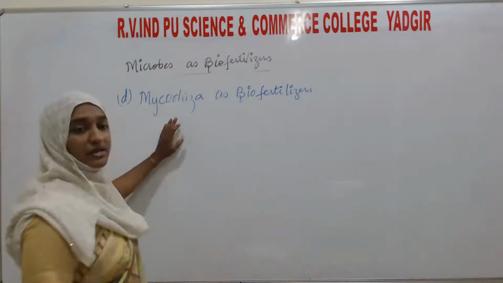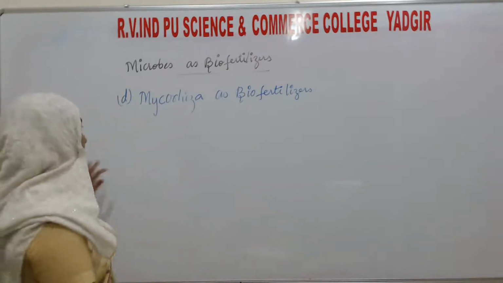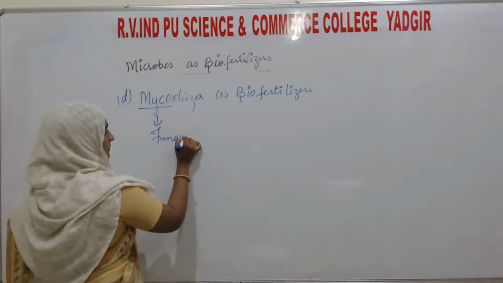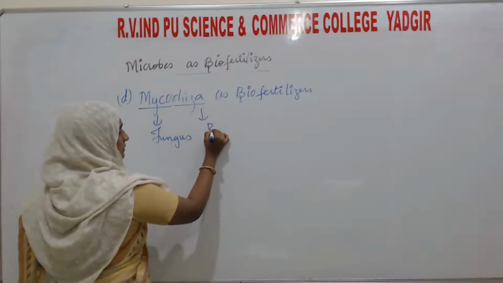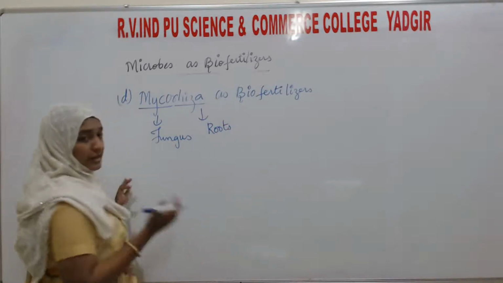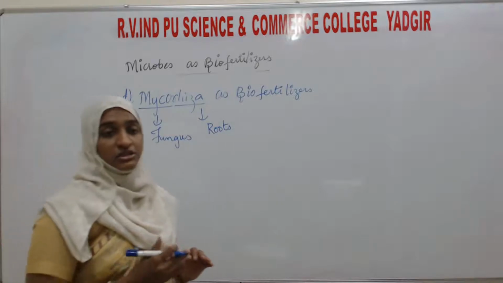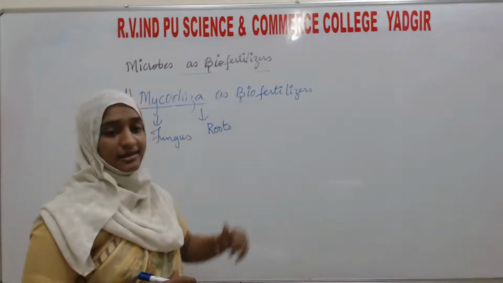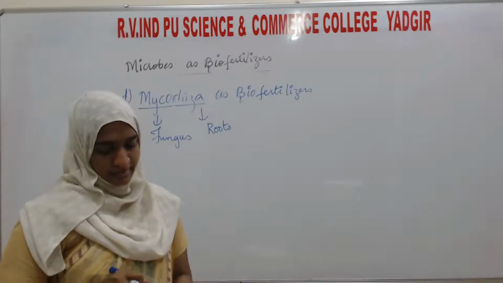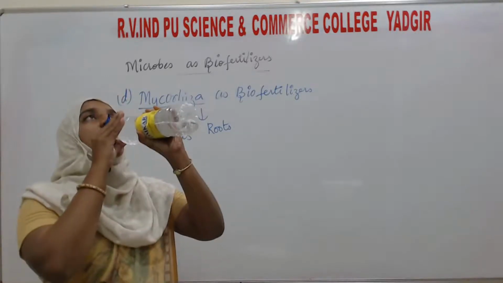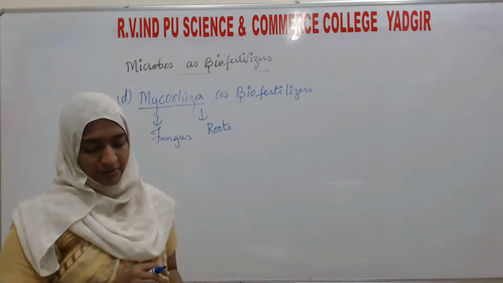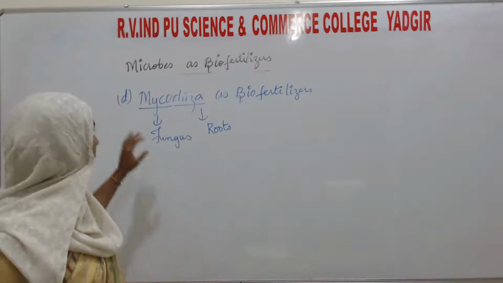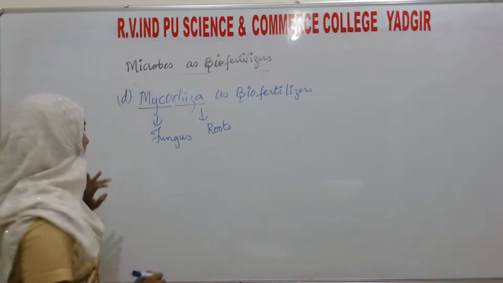So here, mycorrhizae as biofertilizer. Myco means fungus. Rhizae means roots. Here again comes a relation of the fungus and the roots, which will act as a biofertilizer.